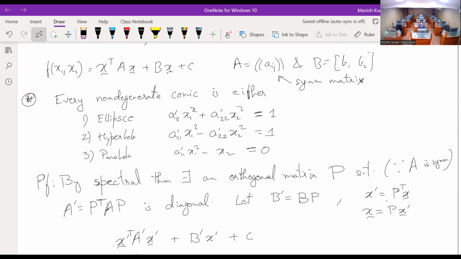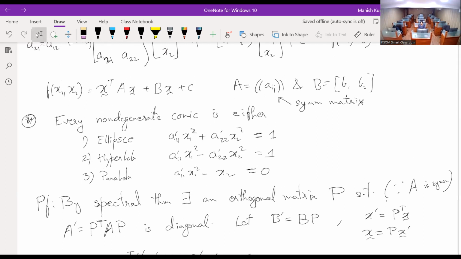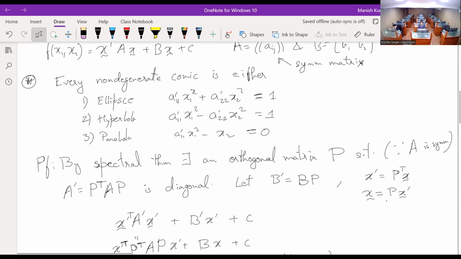So now what you can do is change these coordinates. The zero set of this F is given by X1, X2. If I apply P transpose to it and get this X prime, then the shape of the zero set will not change. We are just changing the axes. If I apply P transpose, the shape remains the same.